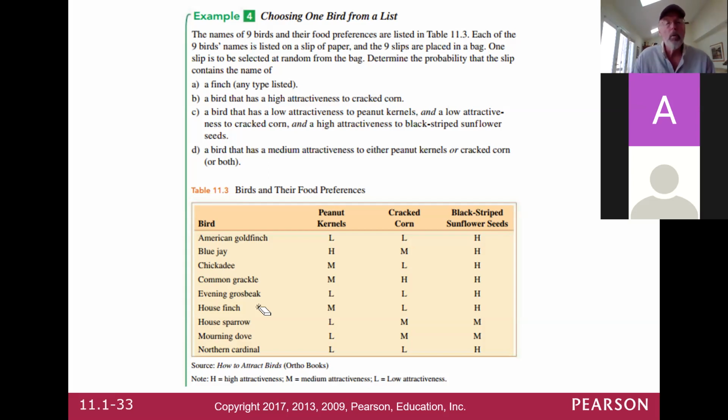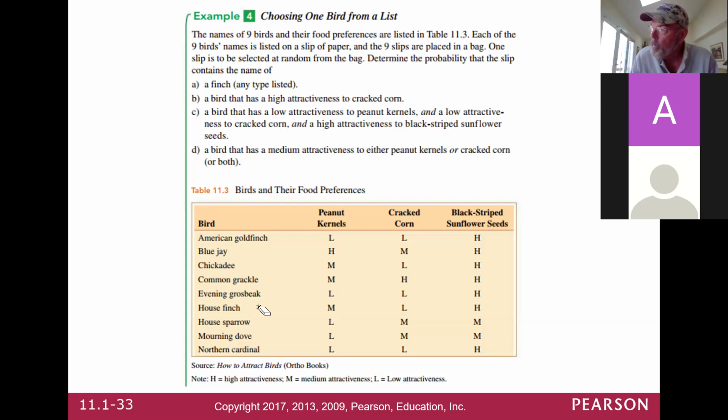All right, so how about this here? A bird that has low attractiveness to peanut kernels, low attractiveness to cracked corn, and a high attractiveness for black striped sunflower seeds. For this question, it's not going to be out of 9, right?